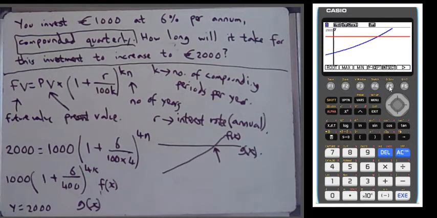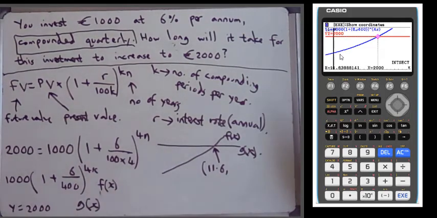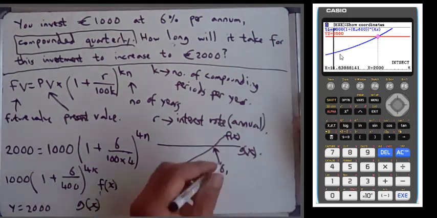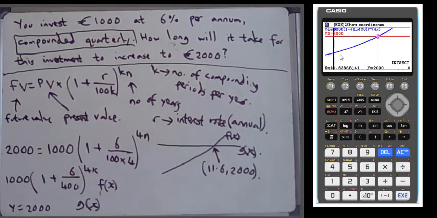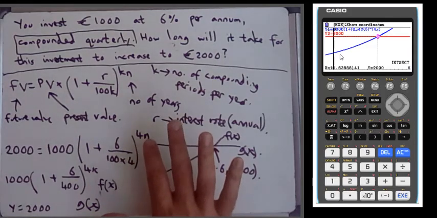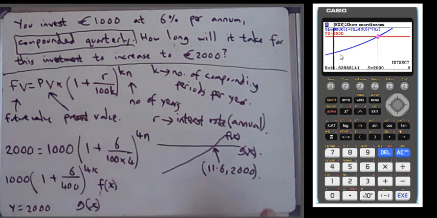I'm looking for the intersection between the 2 points, and it tells me that this point is 11.6. And because I'm showing a graph, the y value is 2000. Because in the equation I had the unknown of n, and I've set this whole thing up, we've just used the x. So this is actually now the right amount of years.